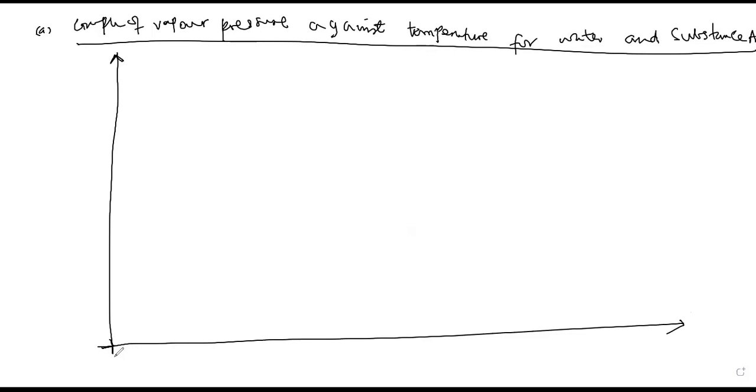And here, since temperatures, we have 20, we have 40, we have 60. Another temperature is 80. We have 100, but we can move up to 120. So this is the temperature in degrees Celsius.